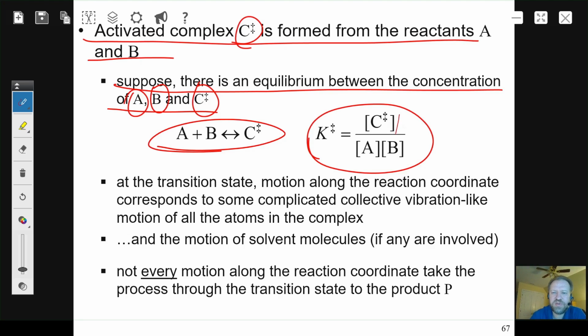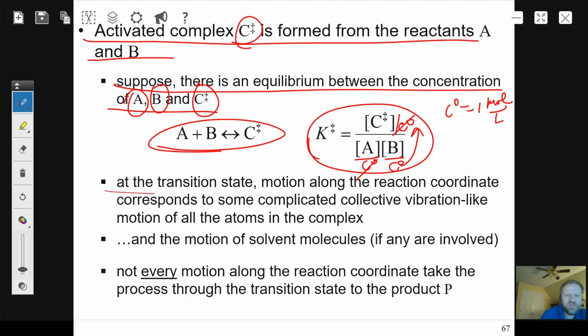Now keep in mind, of course, that technically these are all concentrations divided by standard concentration of 1 mole per liter. Now this will probably cancel and that will go up to the numerator.